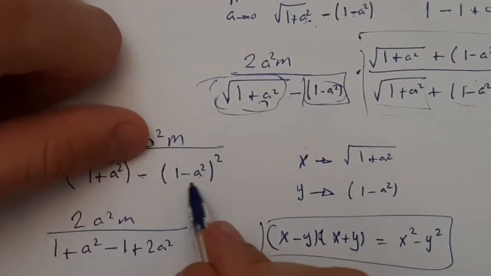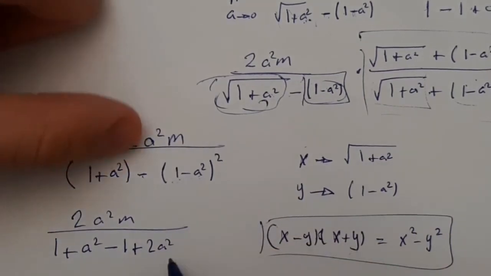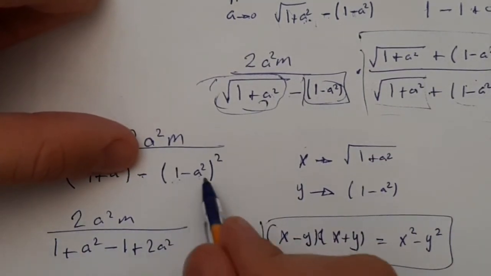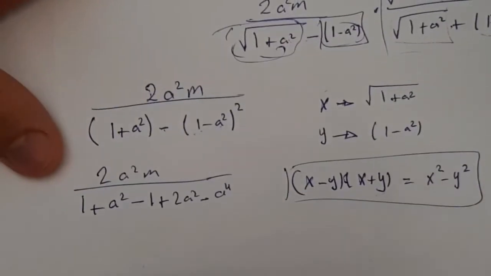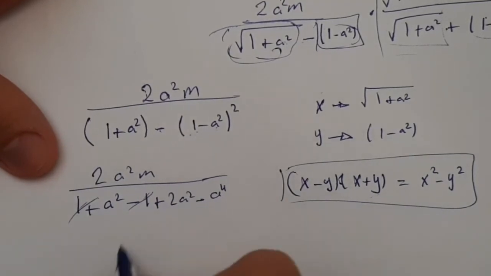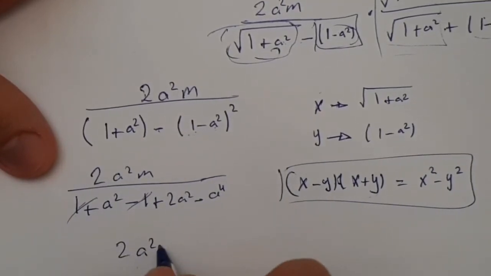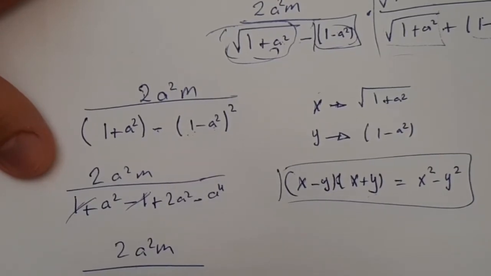I'm just doing it fast, but you can do it by yourself, right? The algebra is not the focus, so it will be minus a to the fourth. Plus 1, minus 1 cuts, right? And here we'll have 2a squared m divided by 3a squared minus a to the fourth.